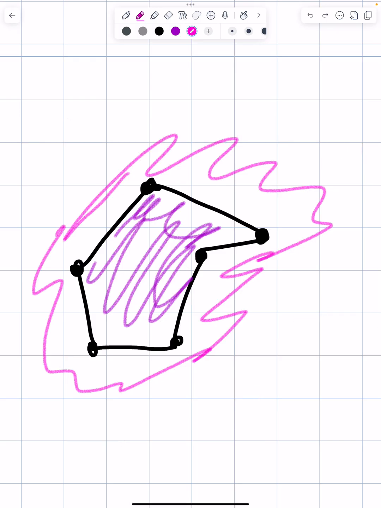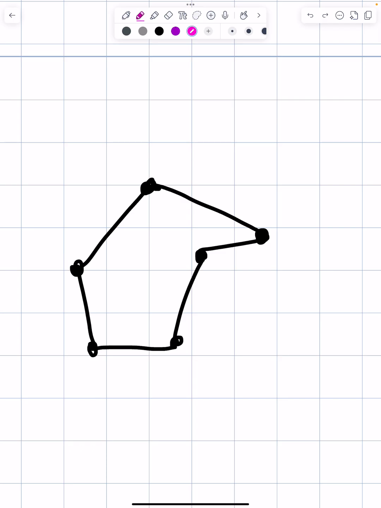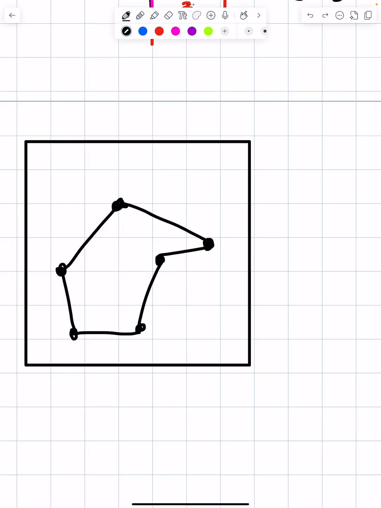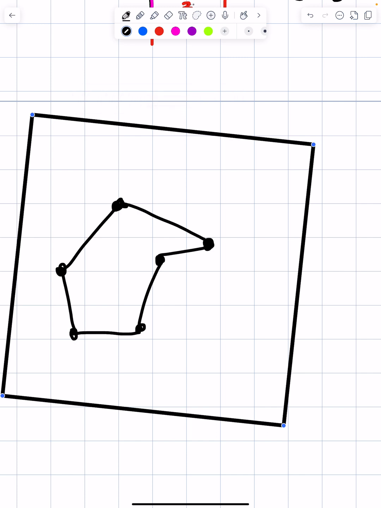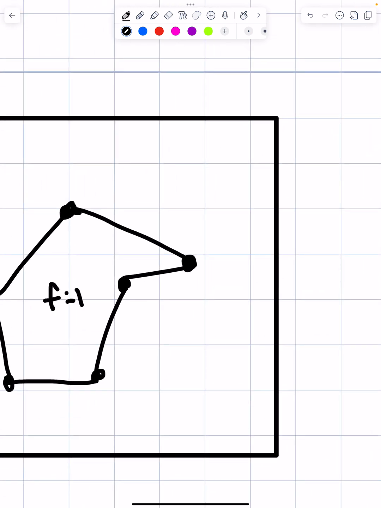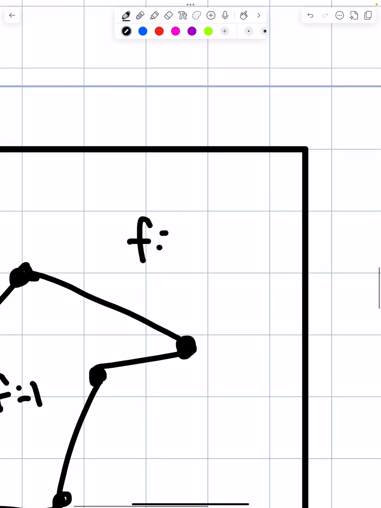So, there are 2 faces in this graph because think of it as, say, a sheet of paper. You have a face here, and you have another face here.